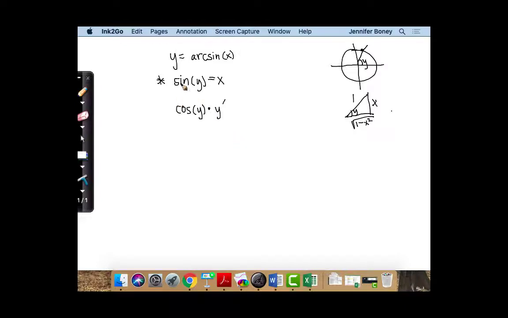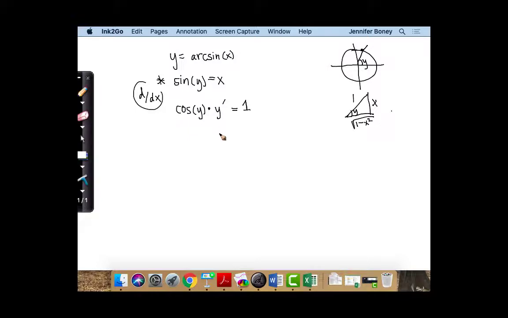So I could write this as sine of f of x, cosine of f of x times f prime. The right-hand side is derivative of x is 1. So again, what we're doing is taking a derivative with respect to x. On the left-hand side, we're imagining y as a function of x. Y is this whole formula, but I'm writing it as symbol y instead of arc sine of x.